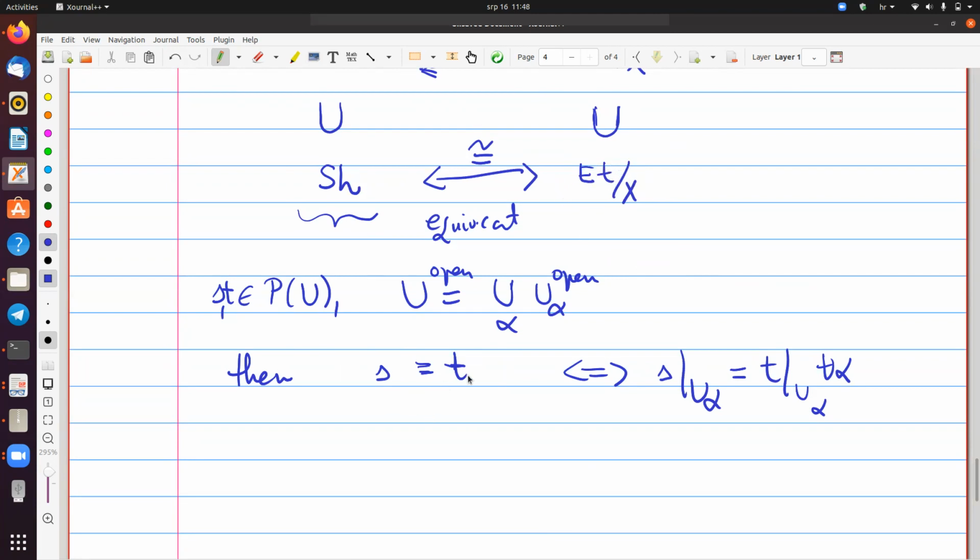And to be the same, that means if it's the same at the point, and then it's the same around that point in some open set.